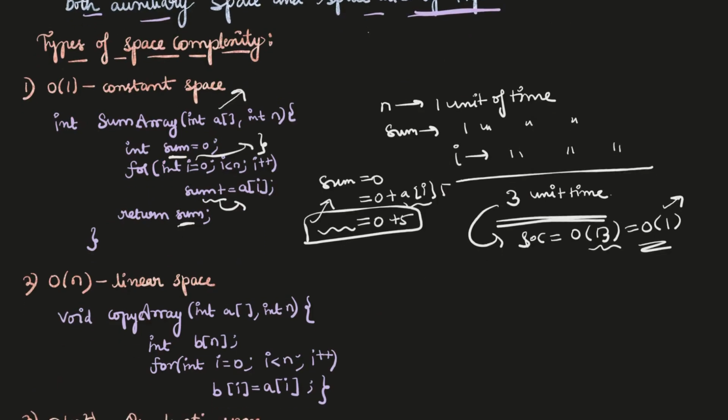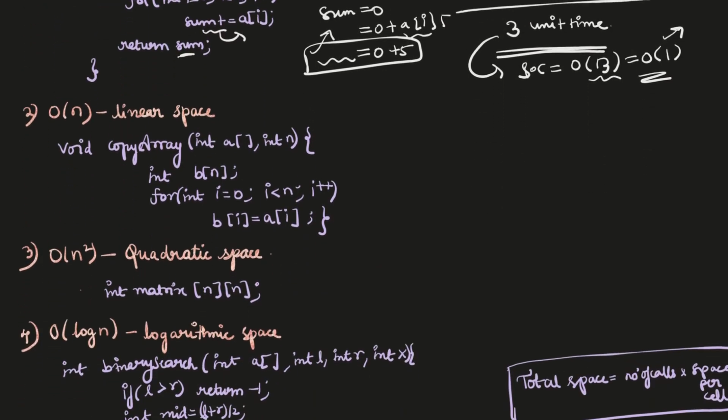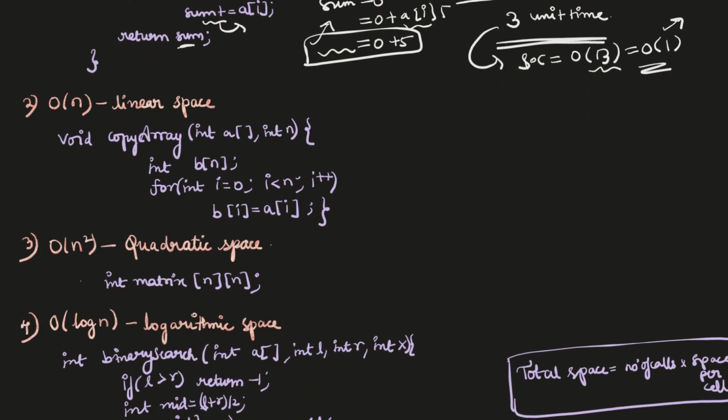Now coming to the next example, it is order of n for linear space. Now let's see the linear space. Here, when you look at this, it has been declared of size n. So how many units does it take? B is an array. So how does it look?